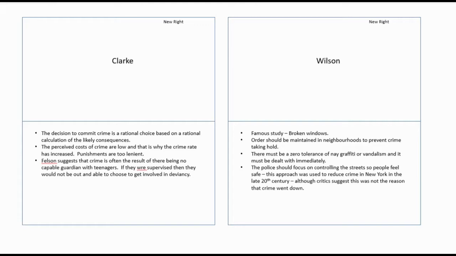The reality is that wider structural inequalities are going to lead some people in society to be more likely to need or to feel the temptation to be involved in crime than others. So, one criticism of Clarke is that rational choice theory ignores wider structural inequality that might be the real reason why some people commit crime and some people don't.